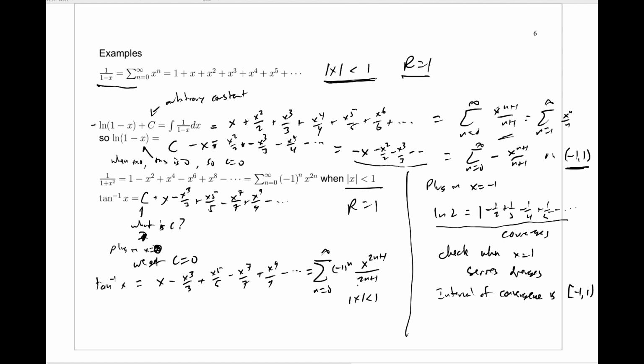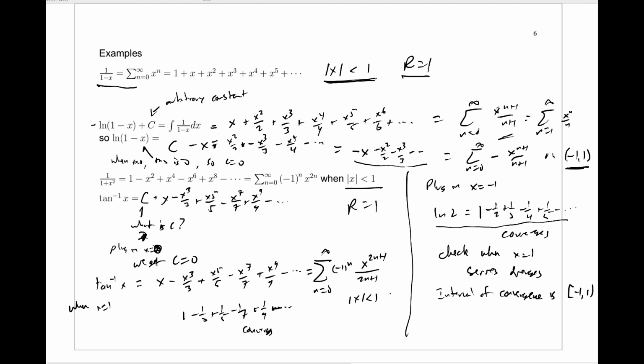Here's something really neat. If we plug in x equals 1, this series on the right, 1 minus 1/3 plus 1/5 minus 1/7 plus 1/9, is an alternating series whose terms are decreasing and have limit 0. So this actually converges.